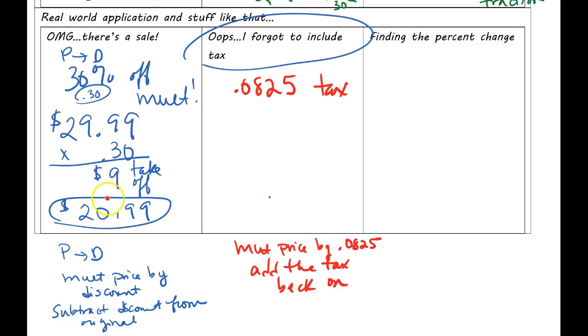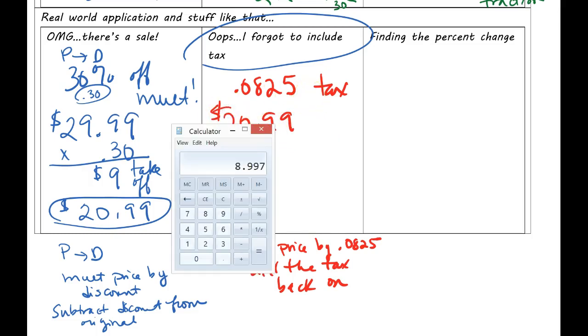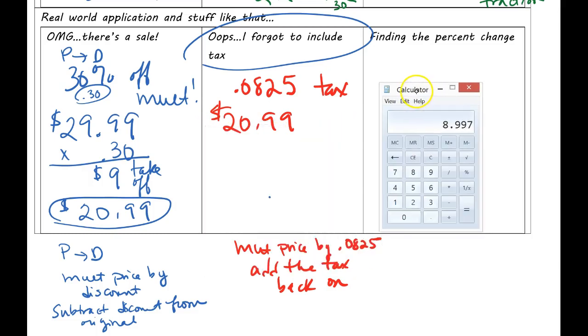So let's take our $20.99, if that's our sales price, and multiply it by what I just said. And once again, I do not want to do this by hand, so I've got my handy dandy calculator, and I'm going to type it all in. If you've got a calculator, hit pause, type it in. Let's see if we get the same thing. So there's the sales price. I'm going to multiply that by 0.0825 and hit equals.